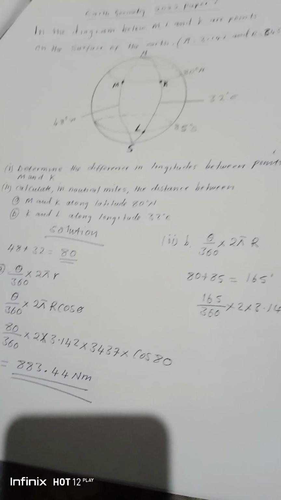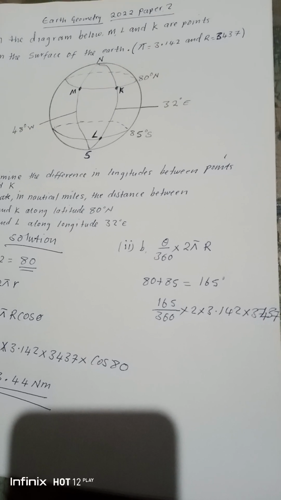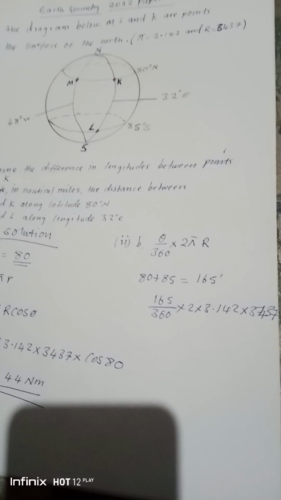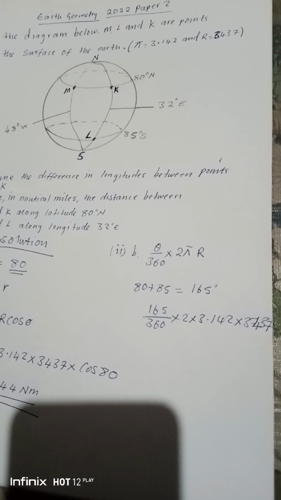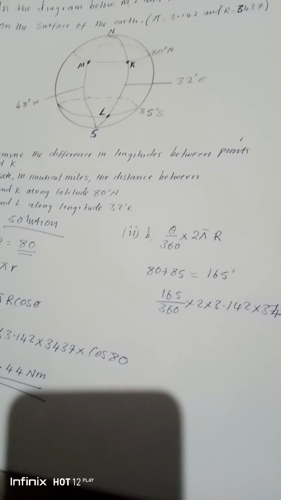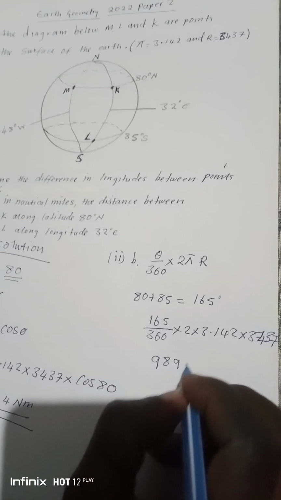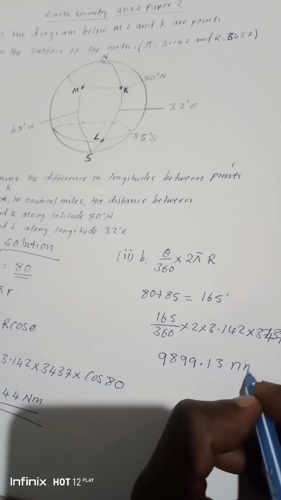Again, you get a calculator whereby you say 165 divided by 360, times 2, then times 3.142, then times 3437. The answer is 9899.13 nautical miles.